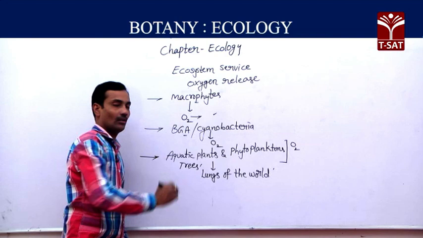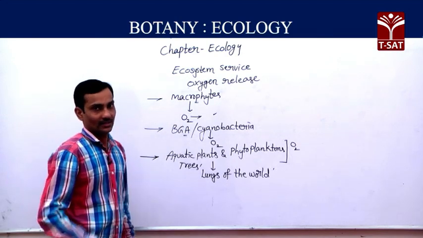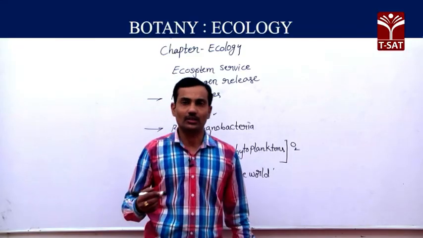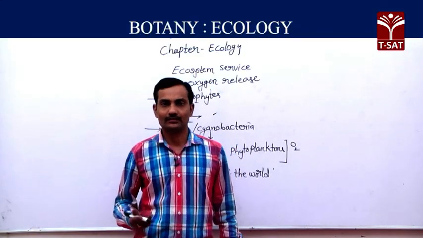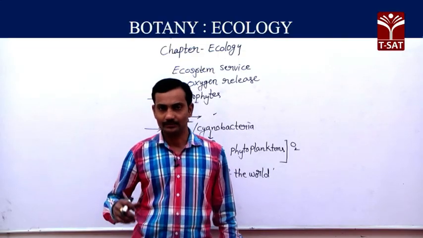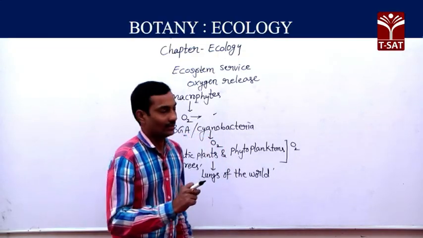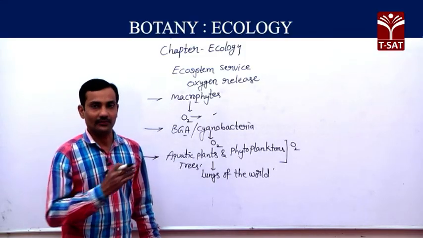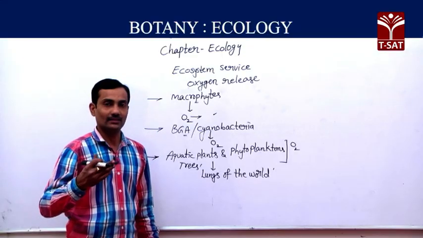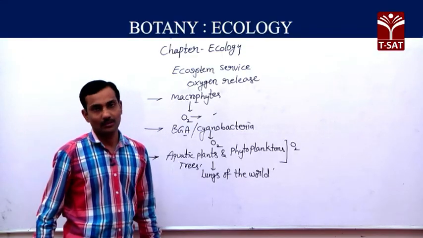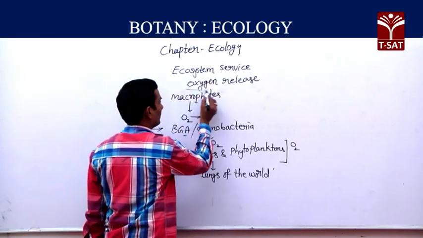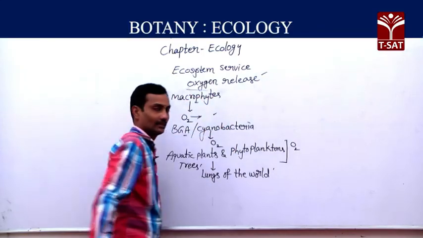So based on all these concepts, what we understood is that the maximum amount of carbon dioxide, billions of tons, is taken by all autotrophic plants, and this carbon dioxide is used by the plants during the photosynthesis mechanism, and they release oxygen.